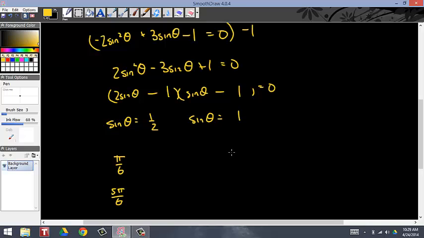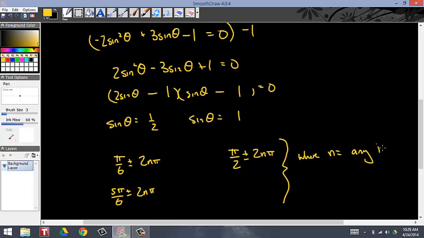Where is that possible? Dustin? Pi over 2. And all of them, because we are solving for all theta, get the plus or minus 2n pi. And from here, that's when you can group them all together and say where n equals any integer.